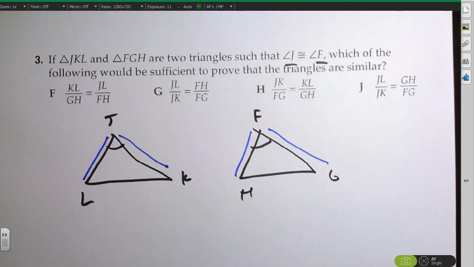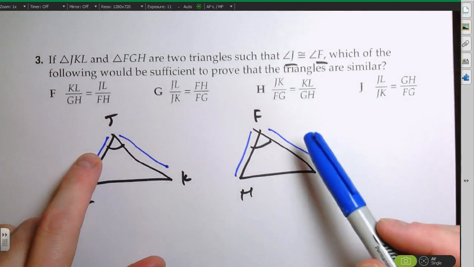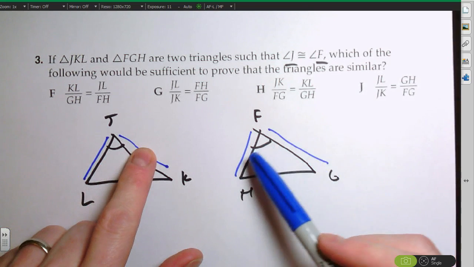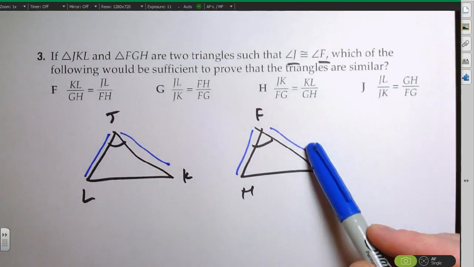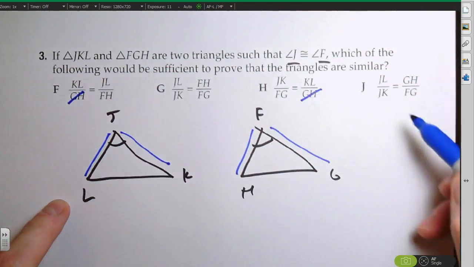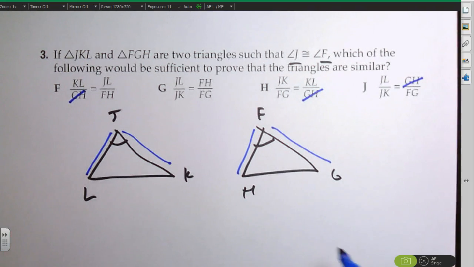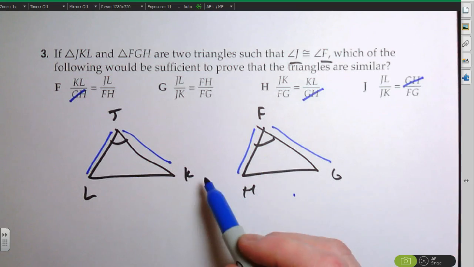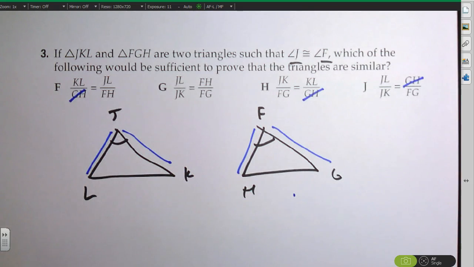And more importantly, it shows me that JL either corresponds with FG or FH, and then JK corresponds with one of those as well. So I can instantly cancel off F, H, and J because all three of those use the side of GH. GH is not going to give me side angle side. So it really jumps us right to answer G.